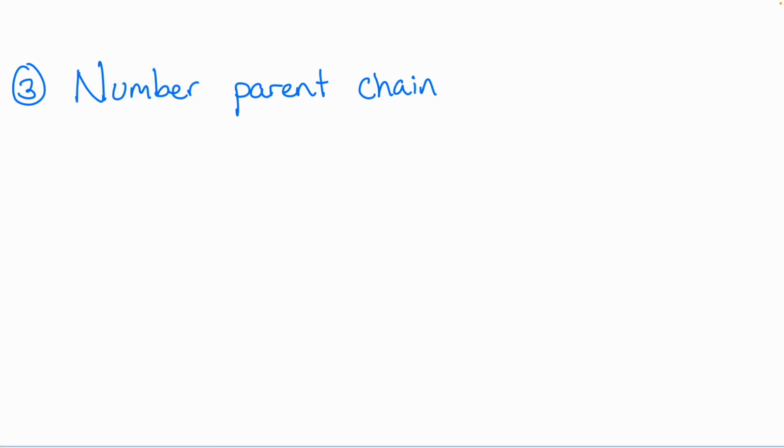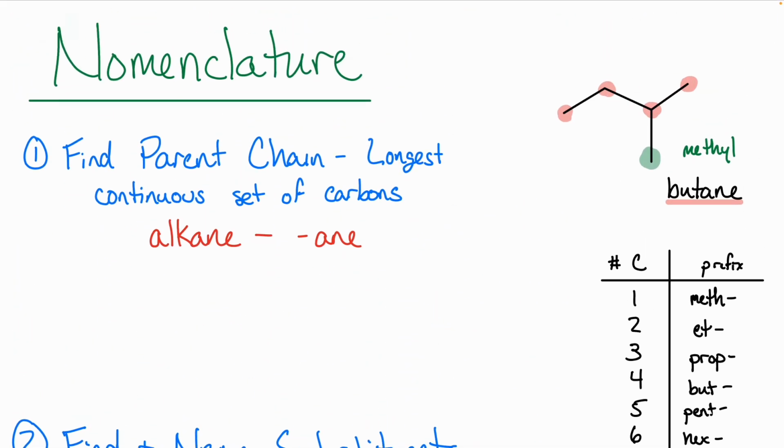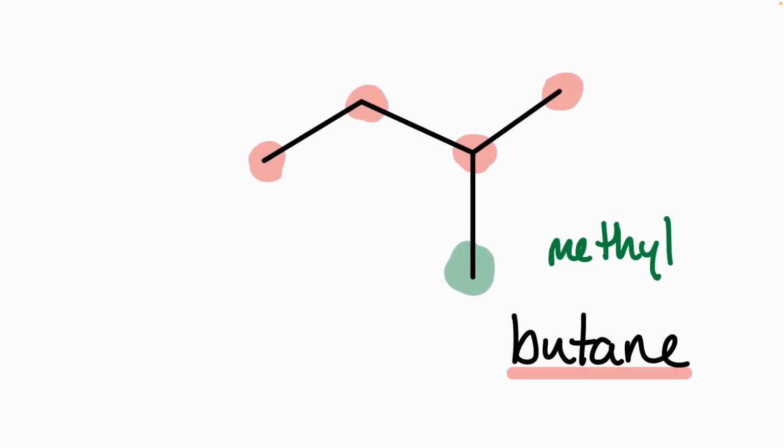And I'm always going to do so in a way where I have the lowest possible numbers in my name. So what do I mean by that? Every parent chain can be numbered left to right or right to left, right? You can always number your parent chain one of 2 ways. So I'm just going to put them both down, all right?